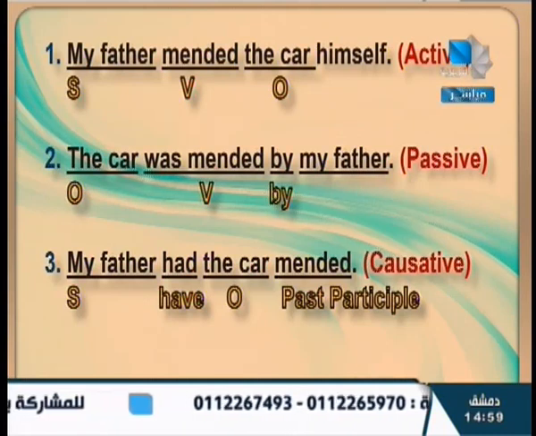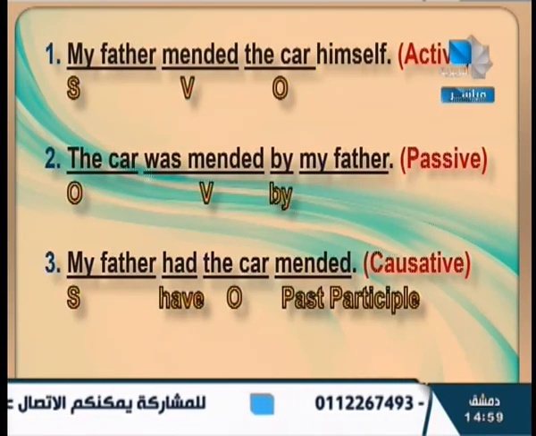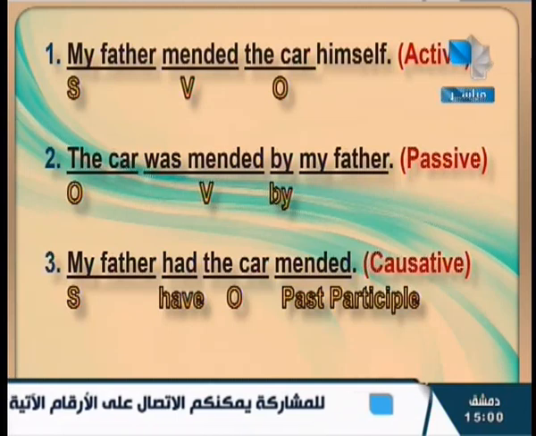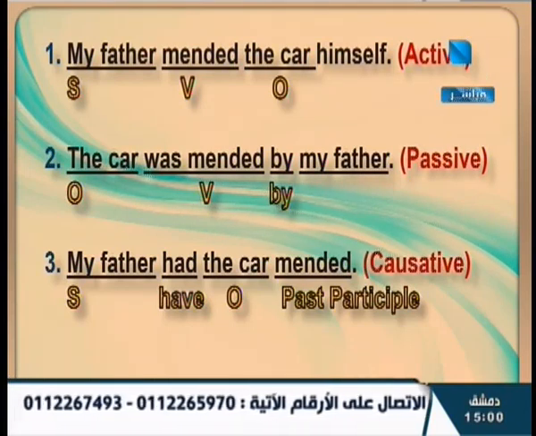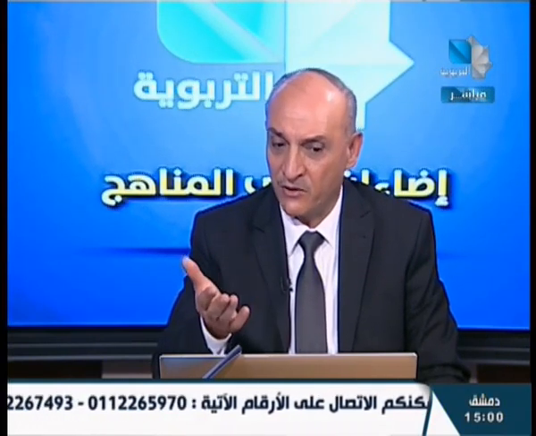Okay. Miss Wala, you're trying to tell the students the following. We can write the sentence in English in 3 different structures. We can write the sentence in the active. The first example, my father mended the car himself. Here the structure is active.